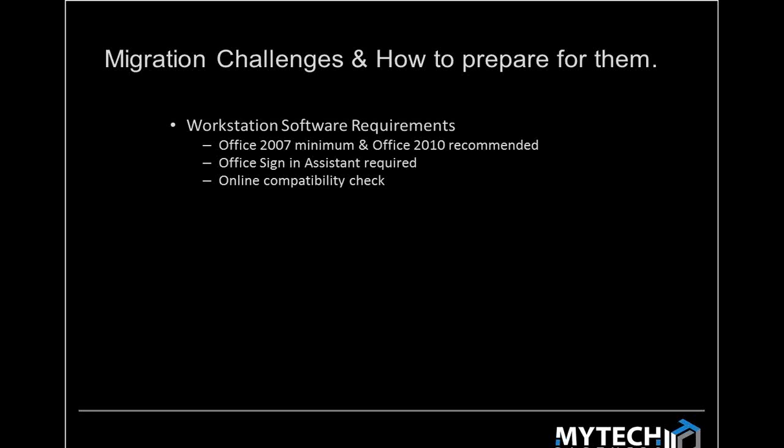So it will check your auto-discover records. It will check and make sure that it can communicate. The only thing that it does not do is go into Outlook specifically and reset all of those settings.